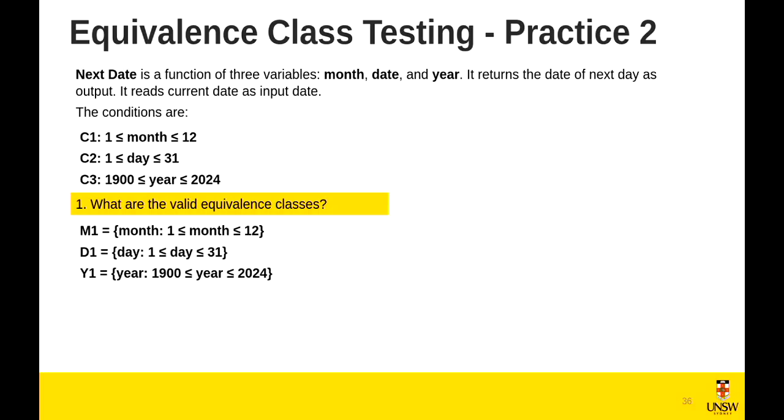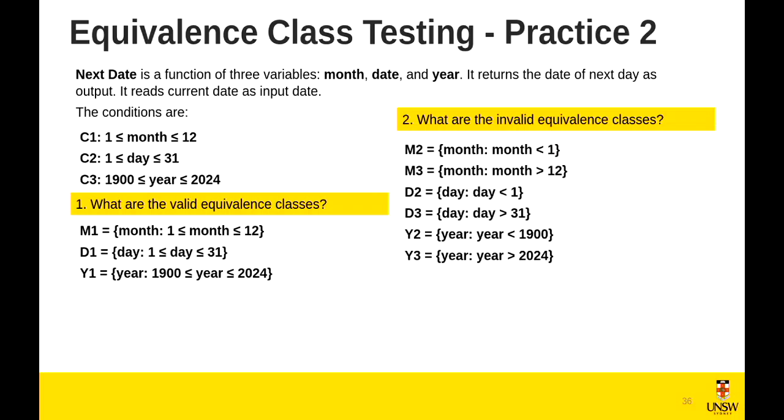We only have 3 valid equivalence classes, and we don't have sub-intervals in this example either. And what are the invalid equivalence classes? How many do we have? 6. Okay, that's really fast. We have 6.